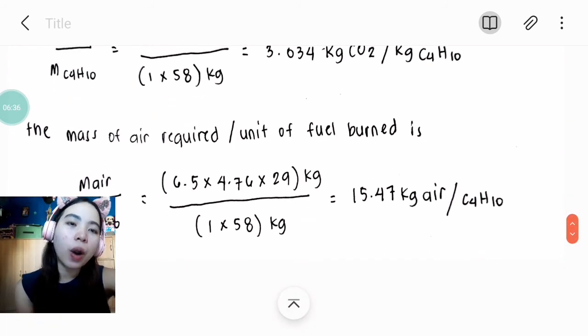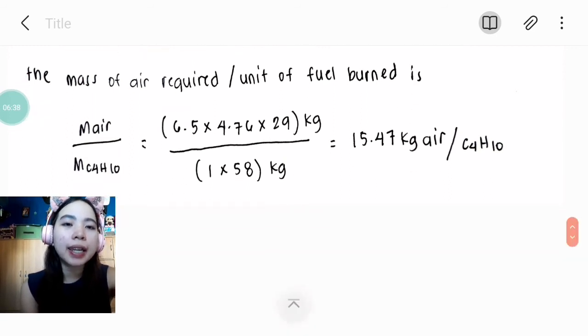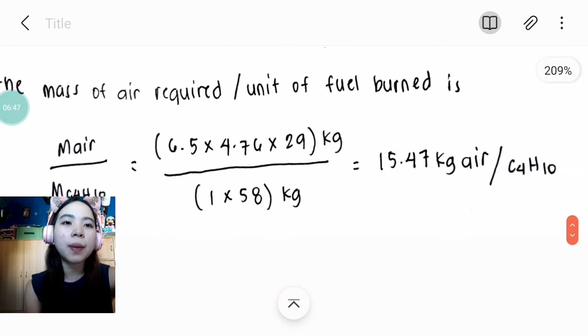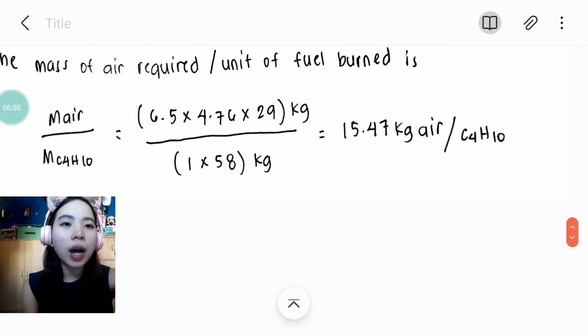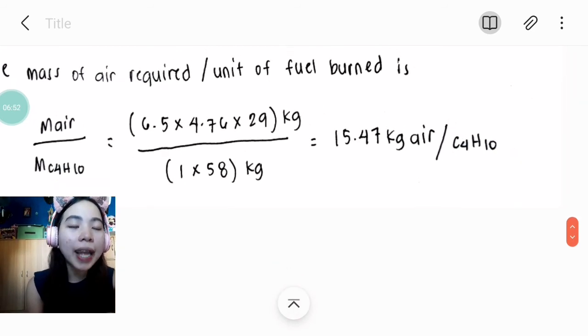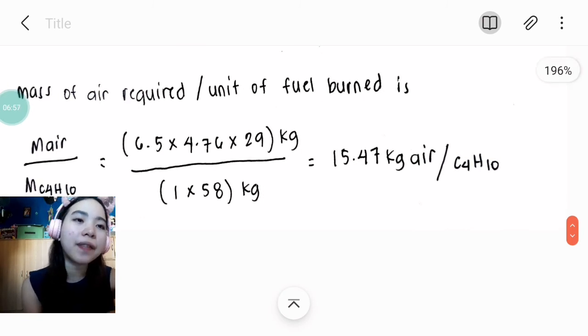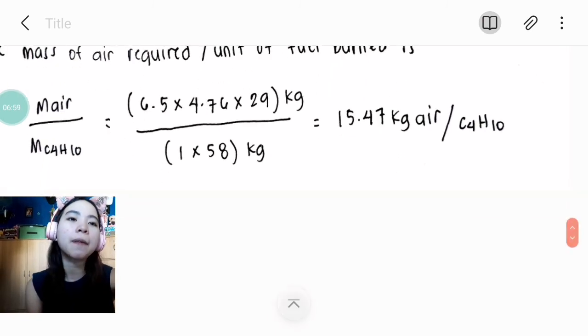And the mass of air required per unit of fuel burned is the mass of air divided by the mass of butane, which is 6.5 times 4.76 times 29, divided by 1 times 58 kilogram, which yields 15.47 kilogram of air per kilogram of butane.